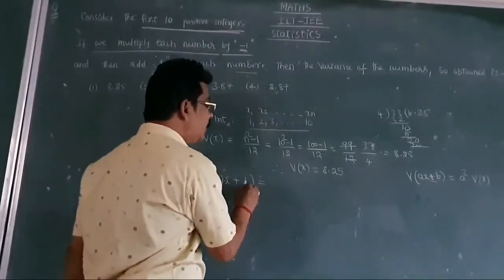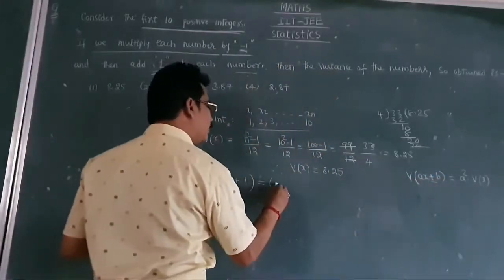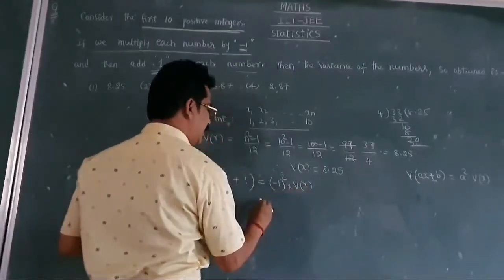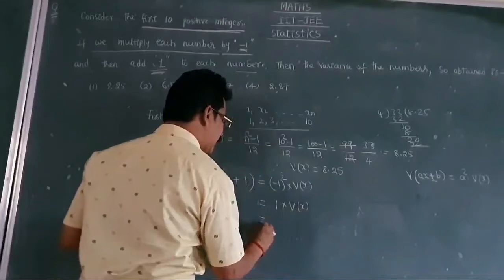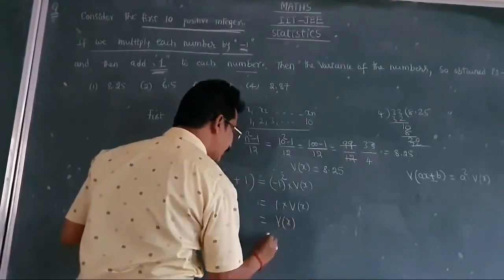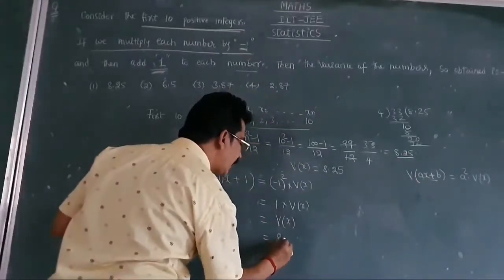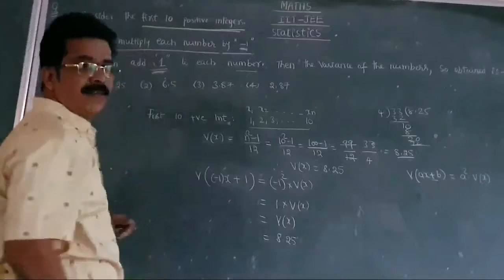It is in the form of ax plus b, so a square means -1 whole square into variance of x. So 1 into variance of x, it is nothing but variance of x. Variance of x is 8.25, which is the first option.